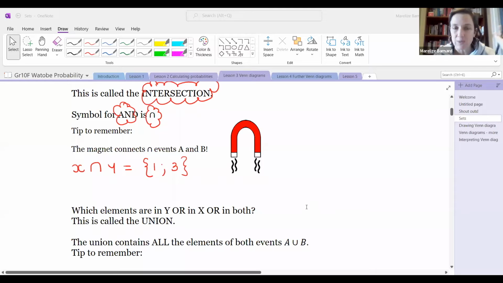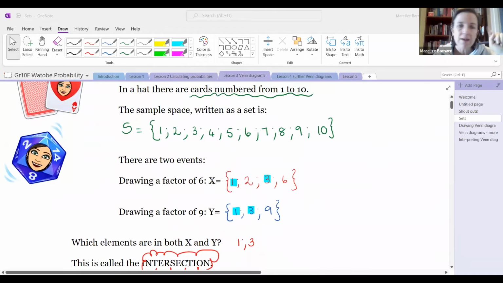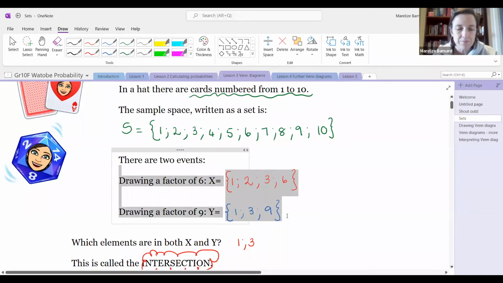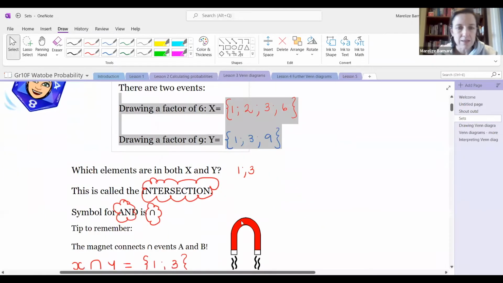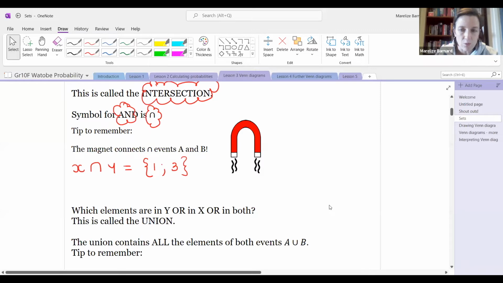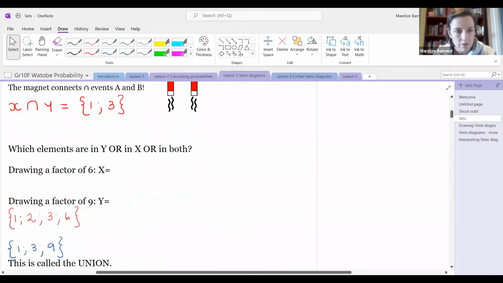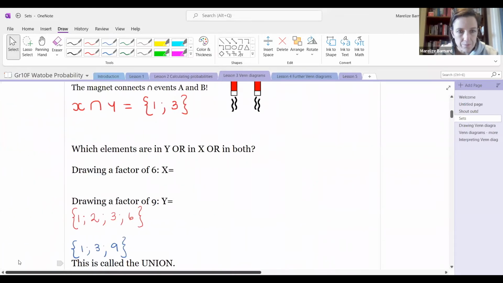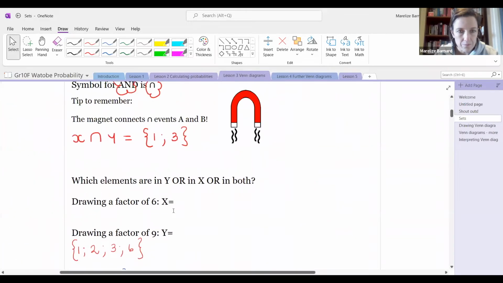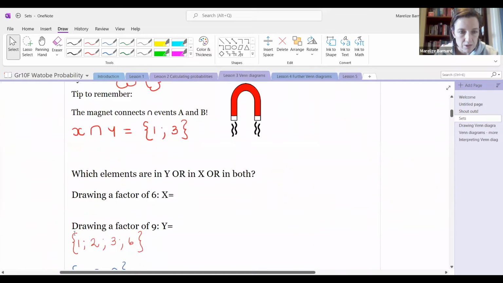Now the next one, so here's our sets. We have X and Y, and I'm just going to copy it down from over here so that we can see it clearly where we are working. So we said X and Y are these two things that can happen, the two events. Let's just do this.